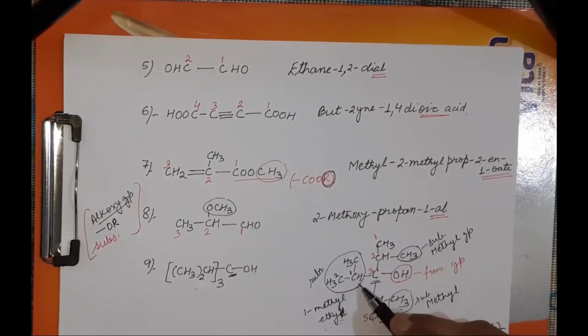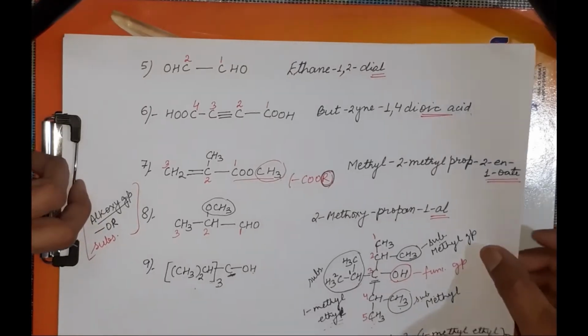So while writing the name, we will write 2,4-dimethyl-3-(1-methyl ethyl)pentan-3-ol, because this 'ol' is used as the secondary suffix for the hydroxyl, the OH alcoholic group.